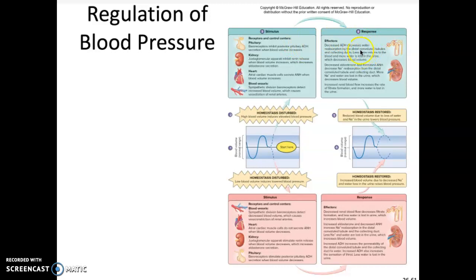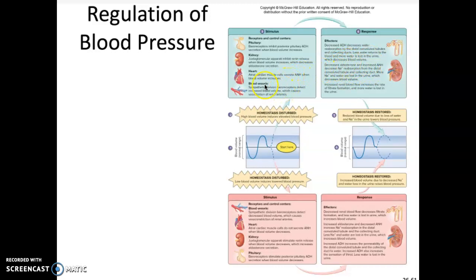And then if we have less water in our blood vessels, we're going to have less blood volume and less blood pressure. The other mechanism is through the mineralocorticoid aldosterone. Because we have less aldosterone, we're going to have more atrial natriuretic hormone produced by the heart, and then we're going to be losing more sodium and water through the urine.